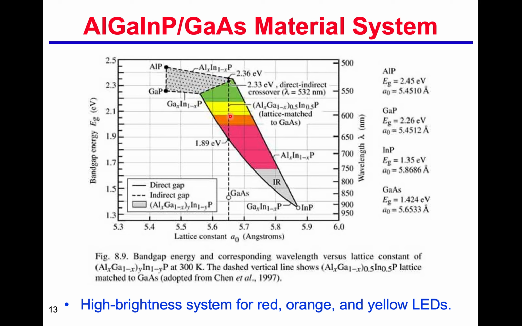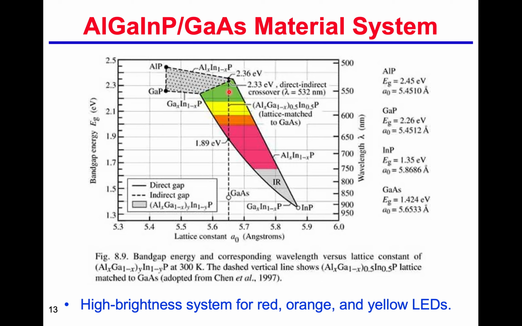this material. But remember that although we can tune the material, we can tune the composition, for example, indium gallium phosphide, aluminum indium phosphide, we do not have this kind of substrate, as we said in chapter 3.